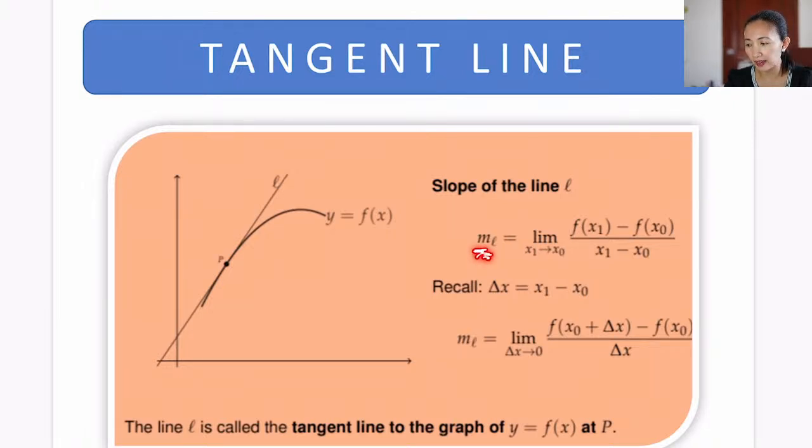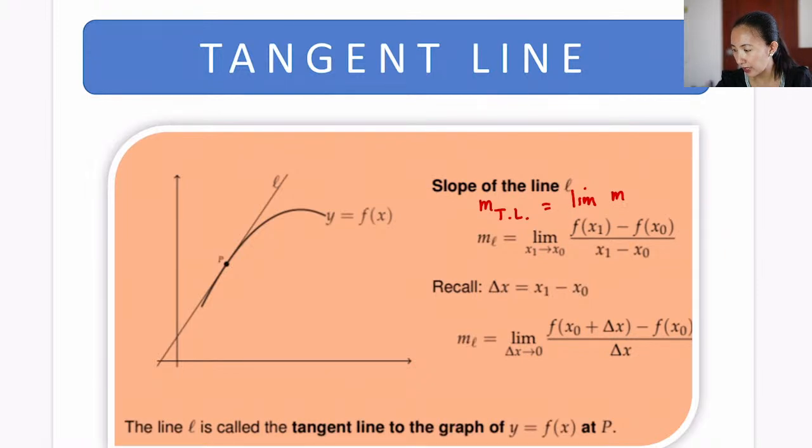which is in fact the tangent line, is equal to the limit, okay? The limit of the slope of the secant line. The slope of the tangent line L is equal to the limit of the slope of the secant line.